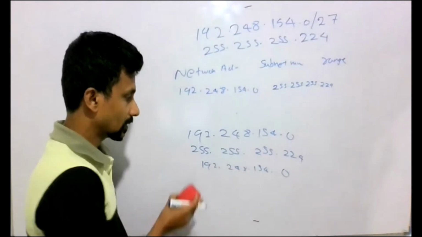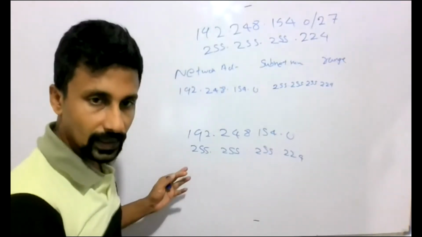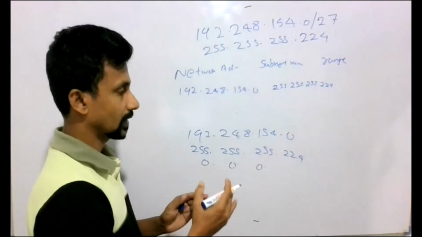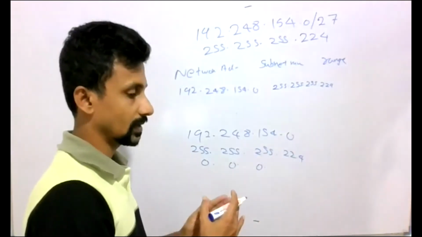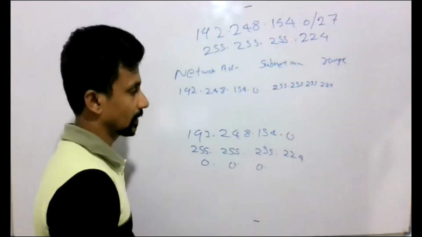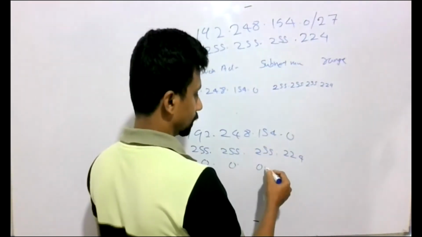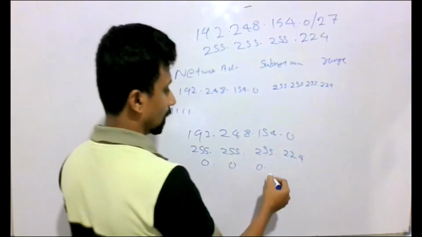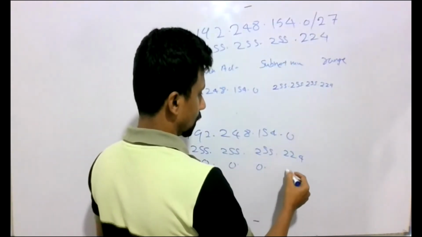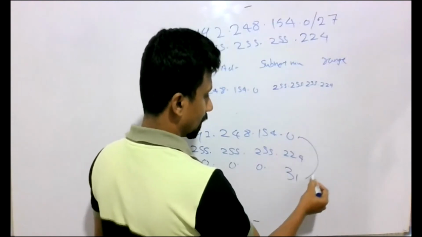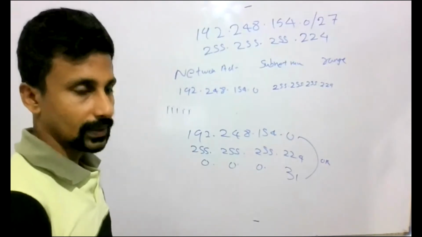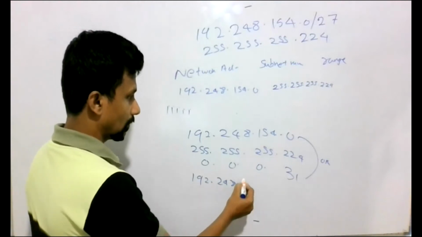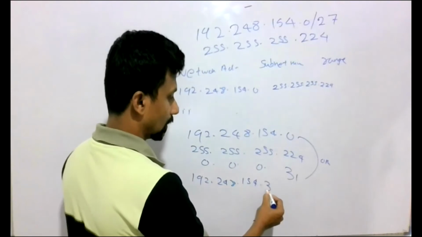Then I find the subnet broadcast address. To find the broadcast address, invert the mask. 224 is the first 3 bits, so inverted it becomes 3 zeros and 5 ones. 5 ones gives 31. We connect these two with an OR gate, so your broadcast address is 192.248.154.31.